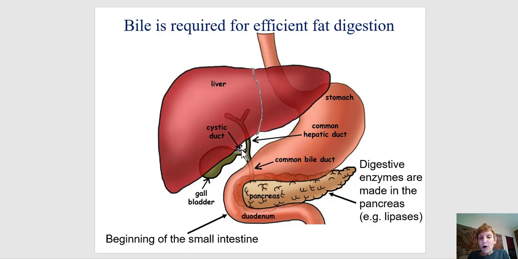And so if your gallbladder is removed, what will happen is your liver will still make bile, but it will have to be made on command. There's no place to store it anymore. And so the liver can make the bile and it can come out of this little duct here, but it's not going to be stored and ready to go.